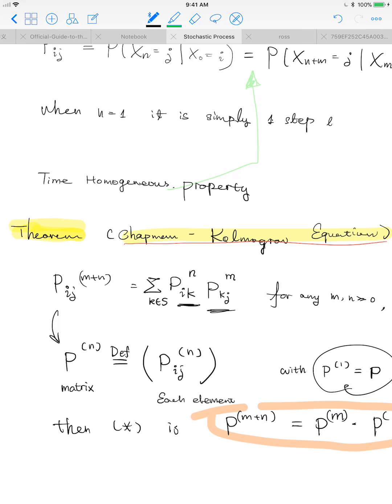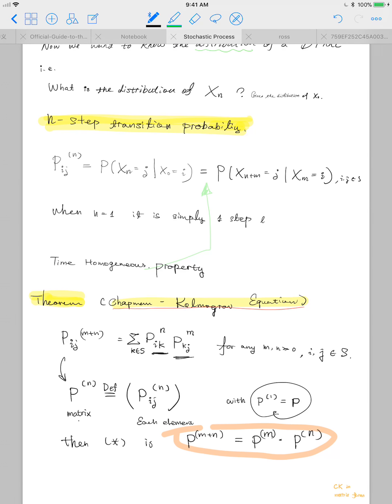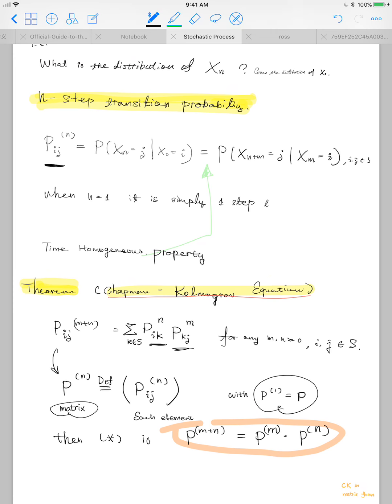The P with parenthesis n is defined to be a matrix such that each element of this is exactly what is defined here as the n-step transition probability, and this matrix is thus called an n-step transition matrix.